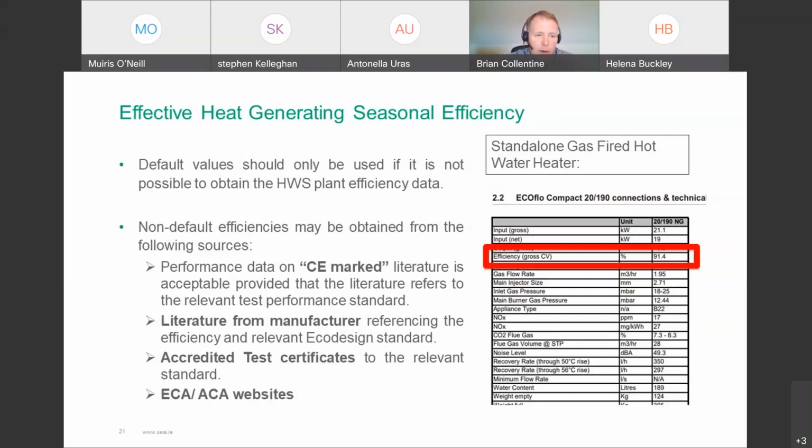Non-default efficiencies may be obtained from the following sources: CE mark literature from the manufacturer referencing the efficiency, accredited test certificates, or the ECA or ACA websites. So here on the right-hand side, just a demonstration of efficiency, a gross efficiency for a standalone gas-fired hot water heater. So that could be used as non-default efficiencies.